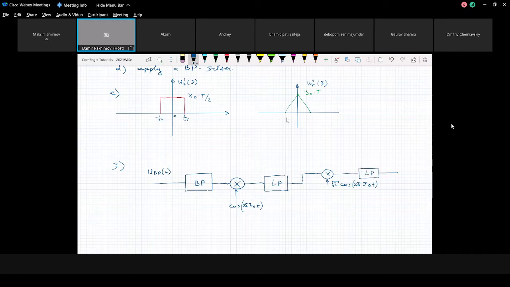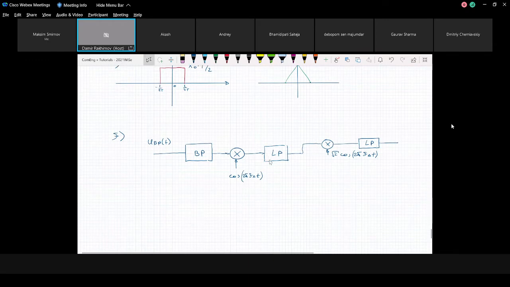Then we get the real part, and for the other branch, we multiply by square root of 2 sine 2 pi f delta t, to get the imaginary part. Sorry, we multiply by minus 2 sine f delta. At the upper branch, we get x of t. At the lower branch, we get y of t.